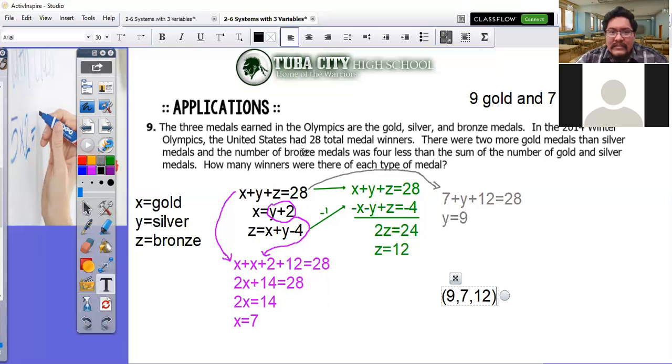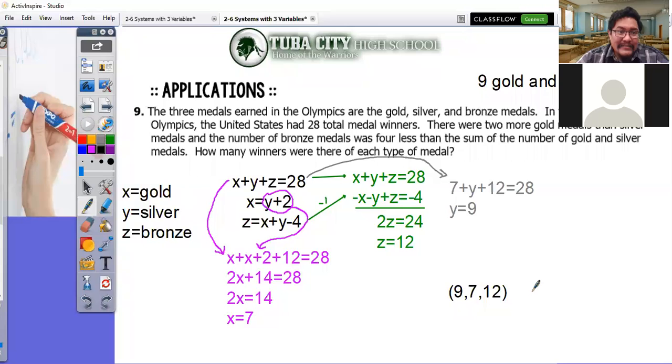And the number of bronze, 12, is 4 less than the sum of gold and silver. Put those together, you got 16 minus 4, that is 12. Okay, good, so everything checks out. And actually, it's not really a bad example, because sometimes things like this might happen, and you should go back and try and figure out what's going on. But luckily, we made pretty good sense of it.